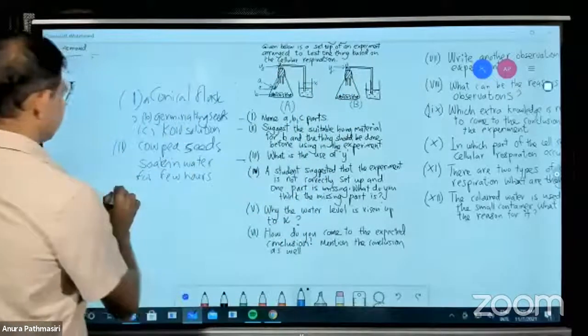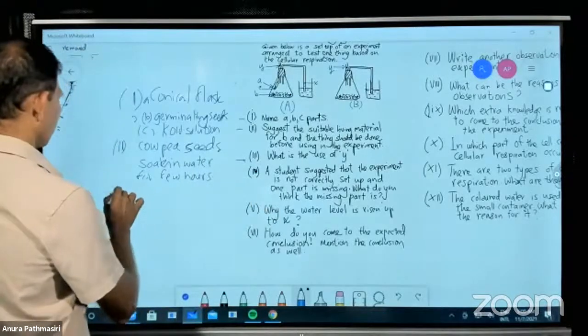Third, what is the use of Y? That is a rubber tube. What is the use of Y?